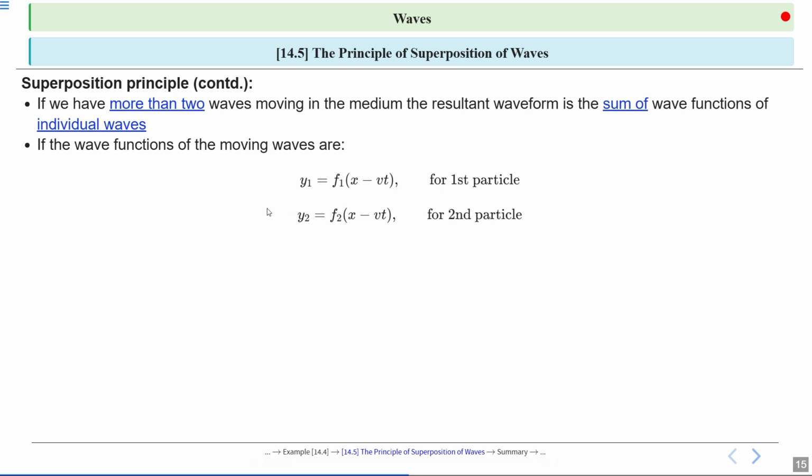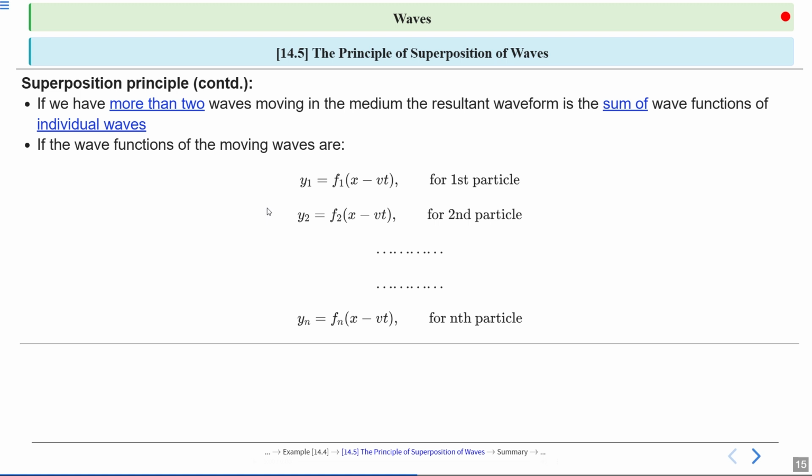Similarly, for the second wave, the displacement is y2 = f2(x - vt). Here y2 is the displacement due to the second wave and f2 describes its shape. Both waves are moving with the same velocity v, but their shapes can be different. We can extend this idea to any number of waves.